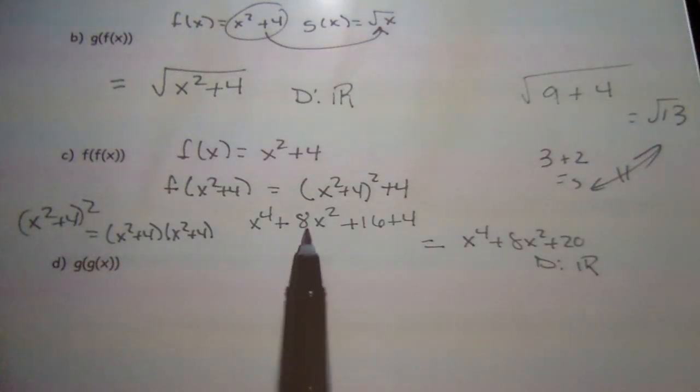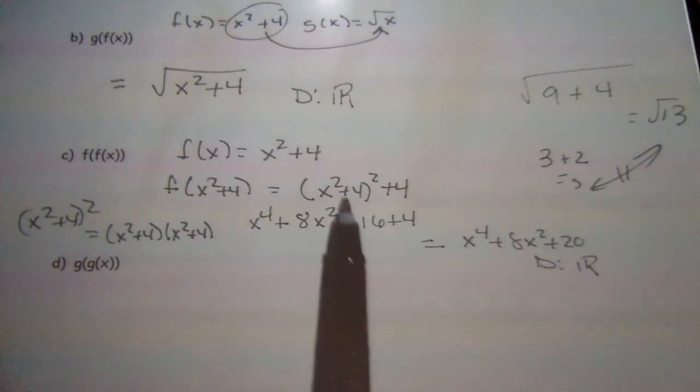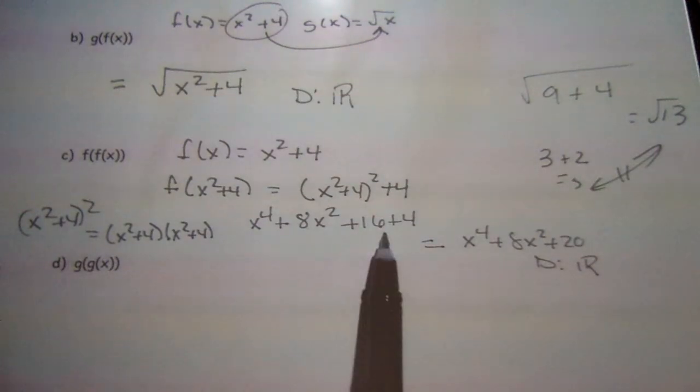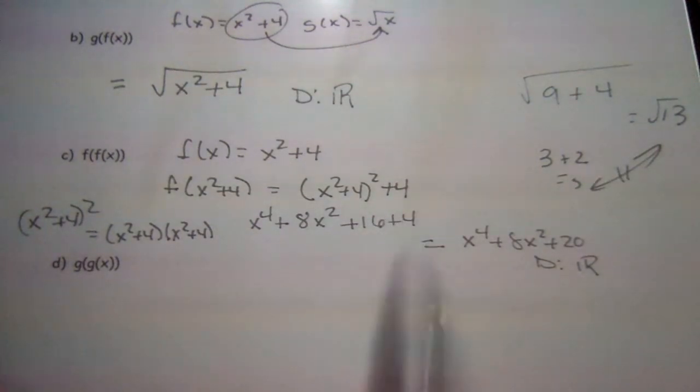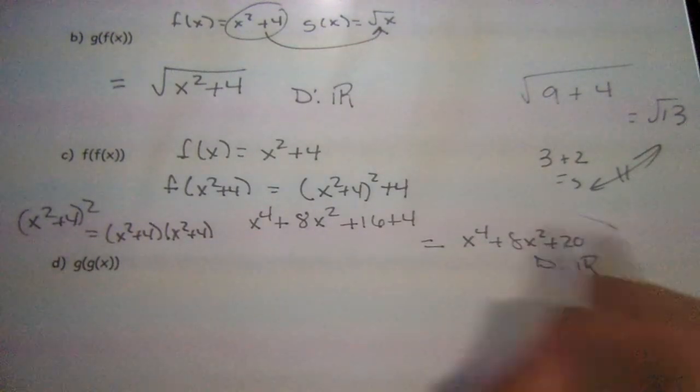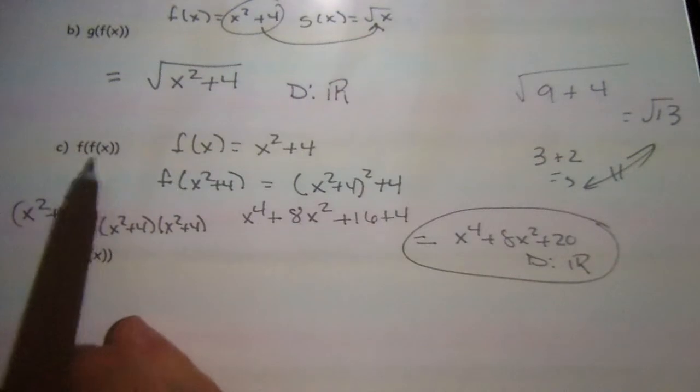That's 8. Then the plus 16 is the last term squared. And then there's that plus 4. That little shortcut's going to come in handy in this class and in calculus. Domain is all real because the domain of f of x is all real.